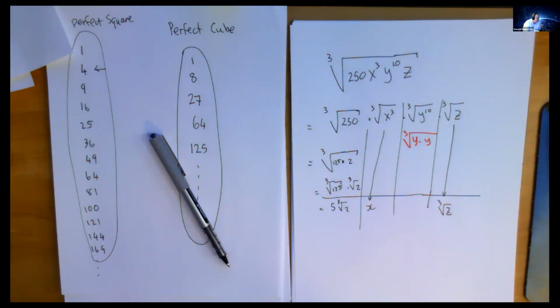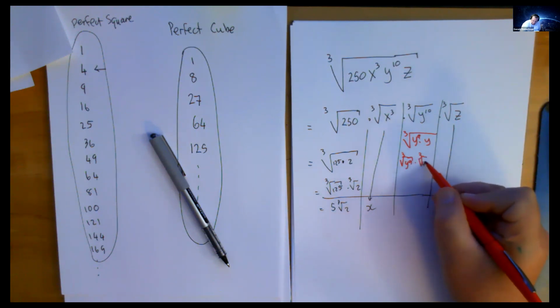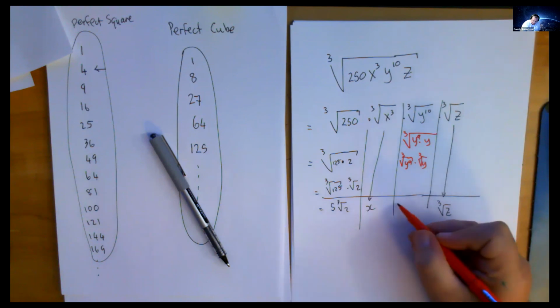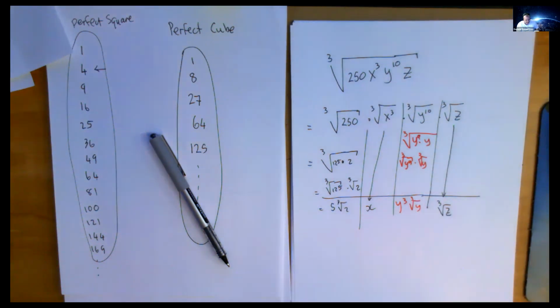It has to be multiples of 3, right? Y cubed, y to the 6, y to the 9, and so on. How's it going to split? 9 and 1. Okay. And that's going to become the cube root of y to the 9 times the cube root of y. And isn't the cube root of y to the 9 y cubed? Cube root of y.